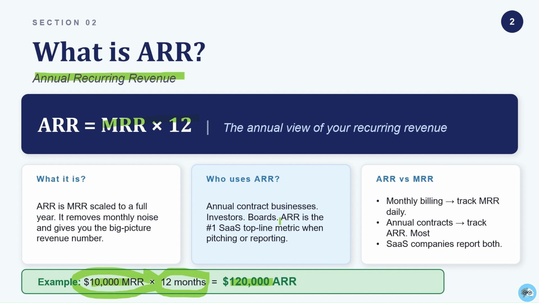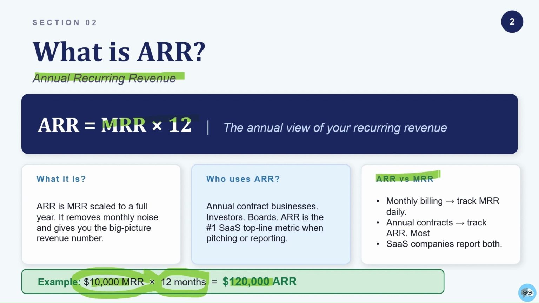This makes it much easier to compare business performance over time. Who uses ARR? ARR is used by most SaaS companies to understand forecasting, do strategic planning, evaluate company growth, and it is also used in business reviews.